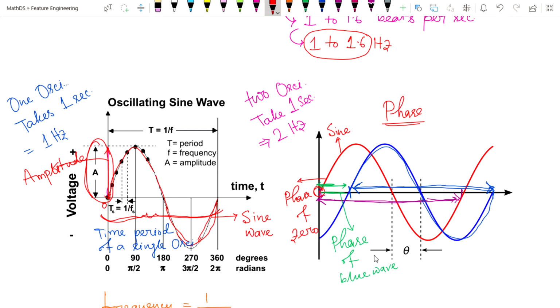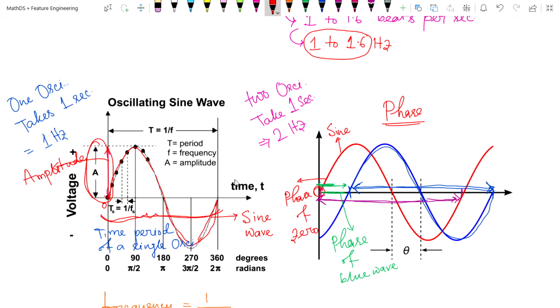Okay, I think all of you understand. When one oscillation starts, the distance from here to here is called the phase of that wave. That's the thing.